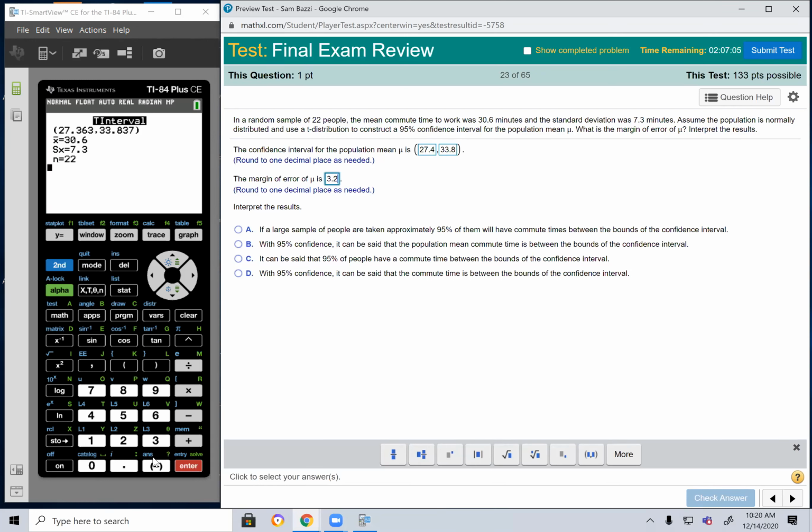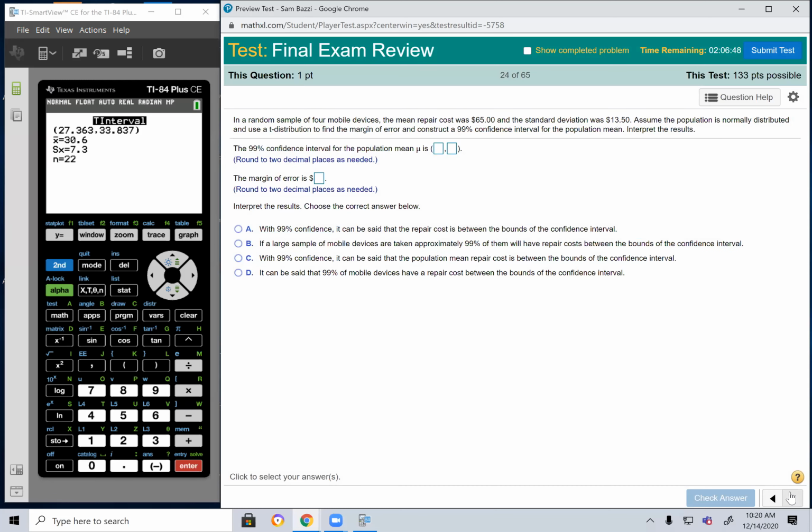Once you have the interval, you can find the margin of error. Okay, with 95% confidence, it can be said that the population mean commute time is between the bounds. He doesn't list them, but it's okay. It's just between the bounds of the interval. In a random sample of 4 mobile devices, so n is 4.